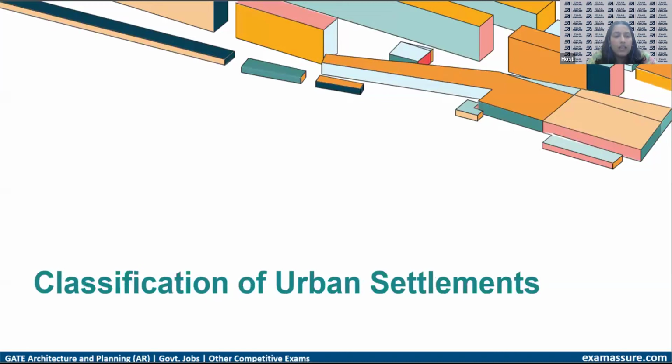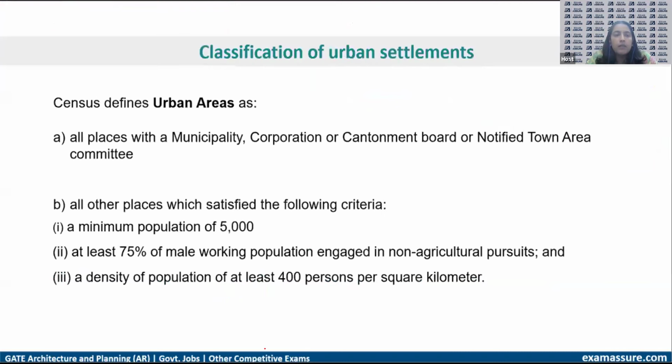Okay, now let us have a look at the classification of urban settlements. What are defined as urban areas as per the census is all places which have a municipality, municipal corporation, or a cantonment board, or a notified town area.